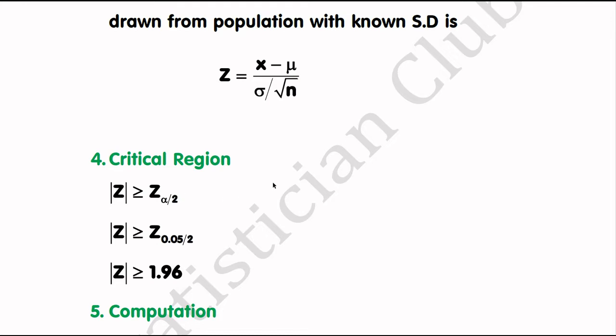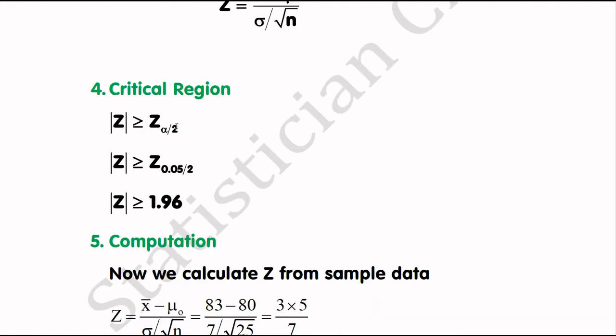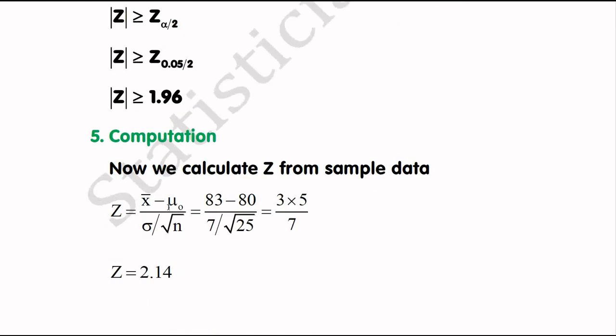We can also use the test statistic z greater than z alpha and z less than minus z alpha for a two-tailed test, but this is the simple one we use here. So alpha is 0.05 divided by 2, and we check its value from the z table, which is 1.96.